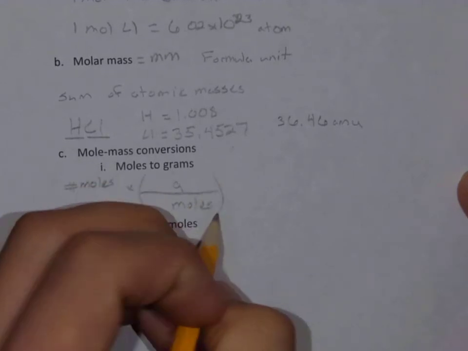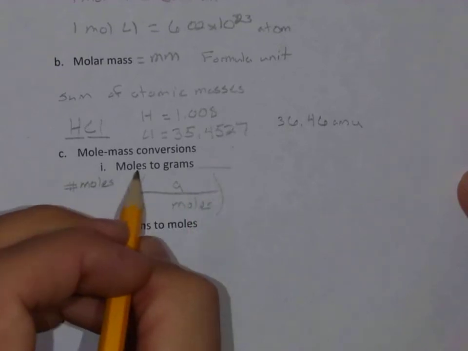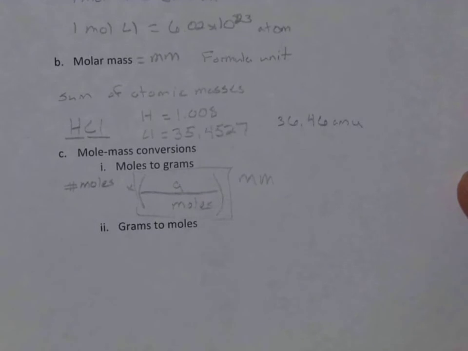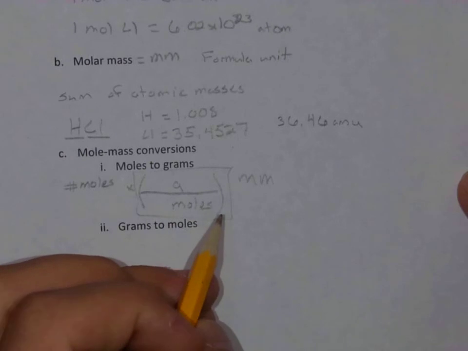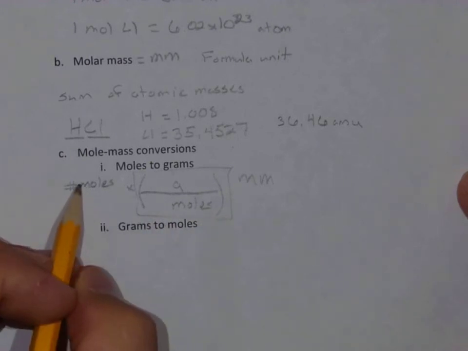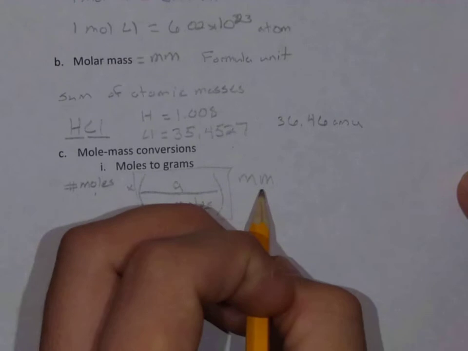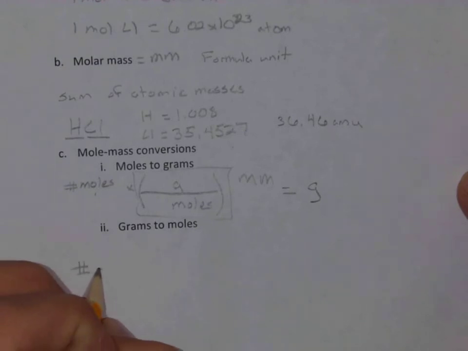This grams per mole, this whole thing, is our molar mass. So if we're going from moles to grams, moles cancels with moles, and we get grams on the outside.